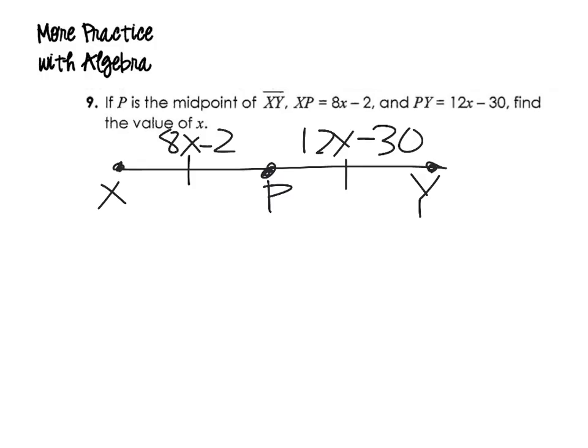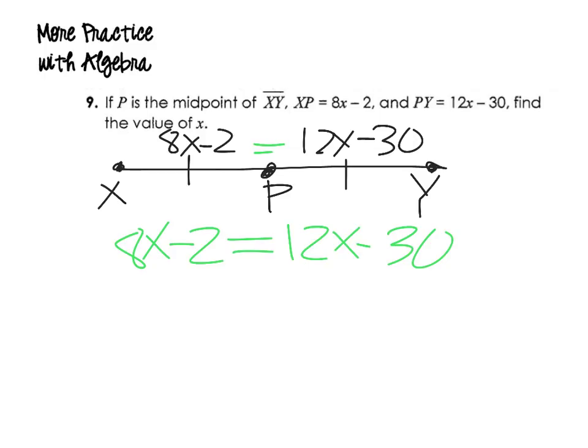Now if we want to find the value of X, all we need to do is set them equal to each other. We've got an equation because we know that XP, or 8X minus 2, equals 12X minus 30. Now we're just solving for X. It's just algebra from here. So subtract 8X. We want to get all the X's to one side. These will cancel out.